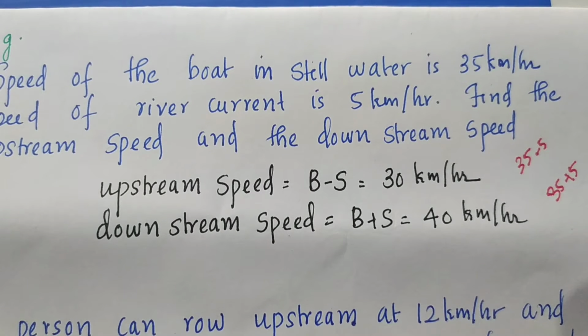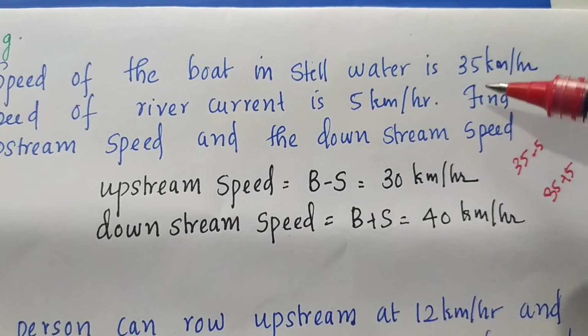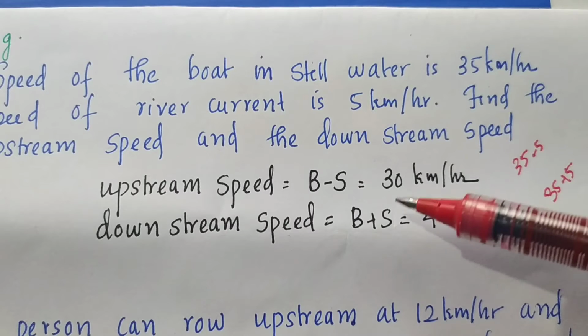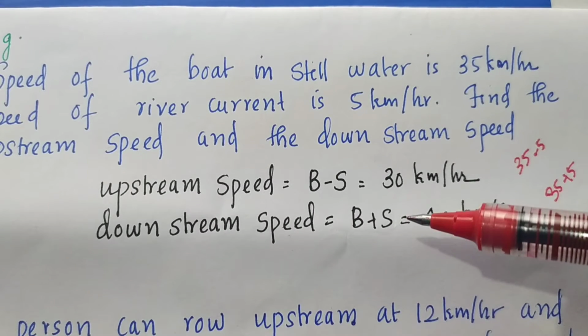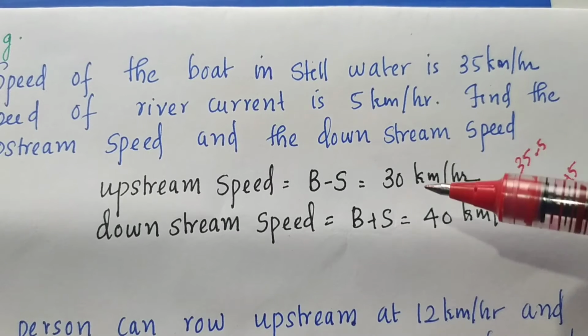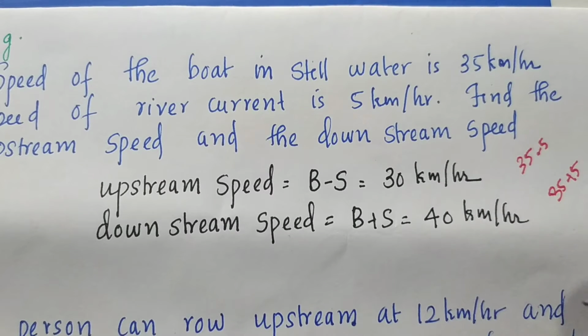So what will be upstream speed? In upstream, the boat travels against the water current. So the speed will be B minus S, which is equal to 35 minus 5, that is 30 km per hour. Downstream speed will be B plus S, equal to 35 plus 5, 40 km per hour.